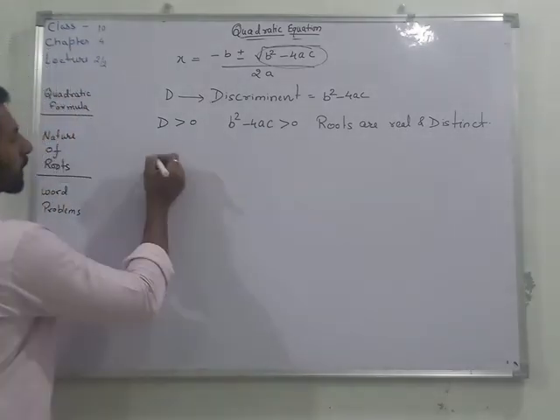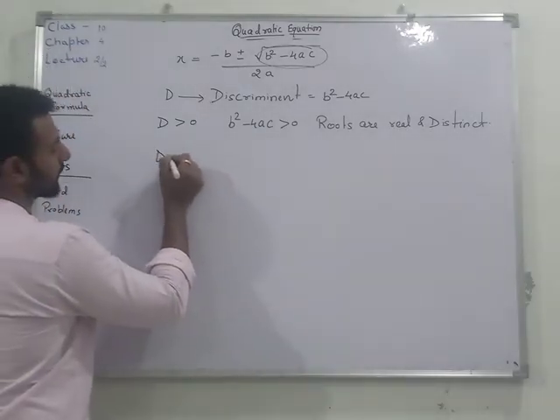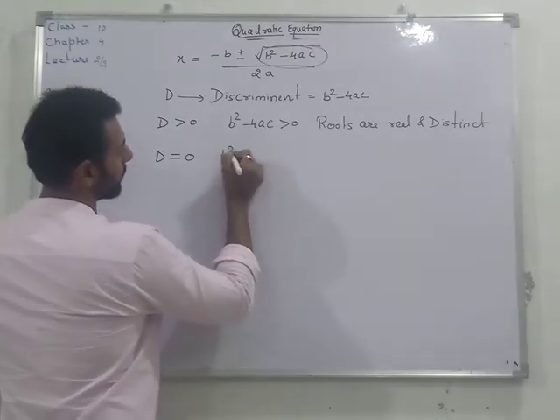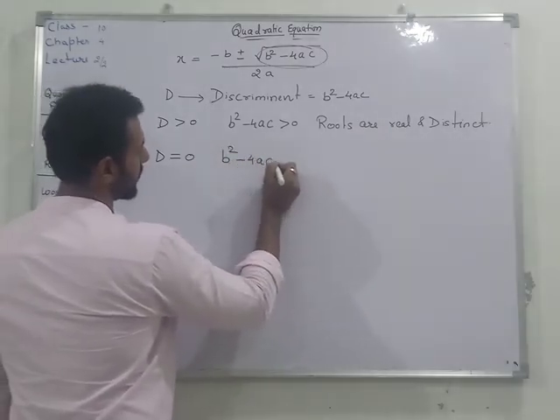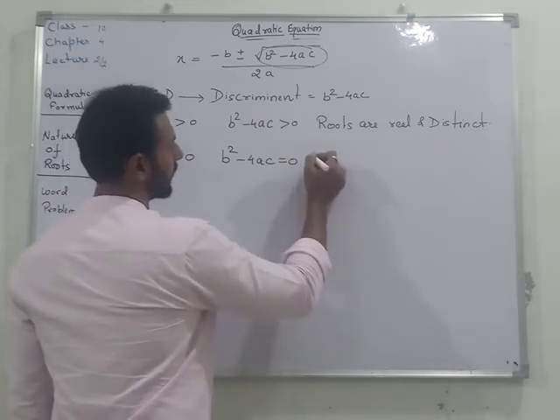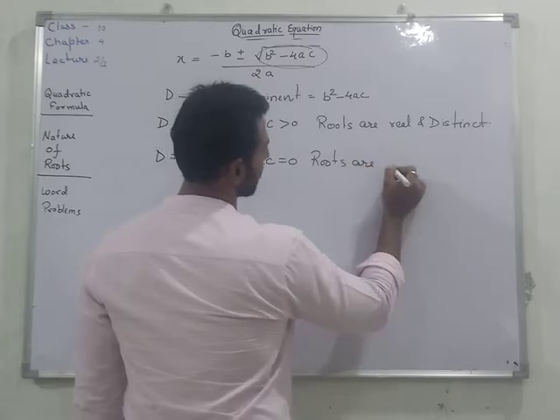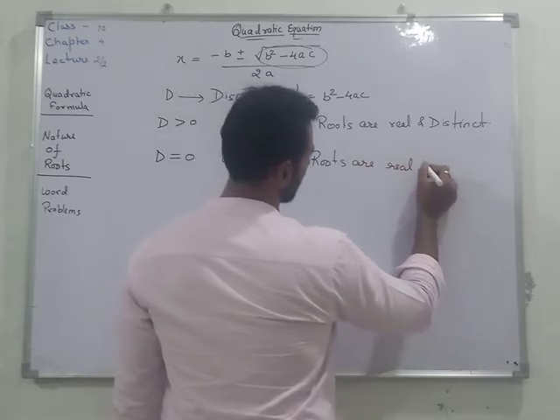Now, if this discriminant is equal to 0, b² - 4ac is equal to 0, then the roots are real and equal.